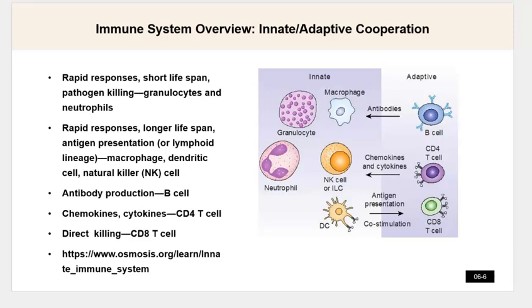B cells express the same antibody on their cell surface, which forms the antigen recognition component of the B cell receptor, the BCR. Signaling a naive, or antigen-inexperienced, B cell through the BCR is what enables that B cell to become activated and produce antibodies.